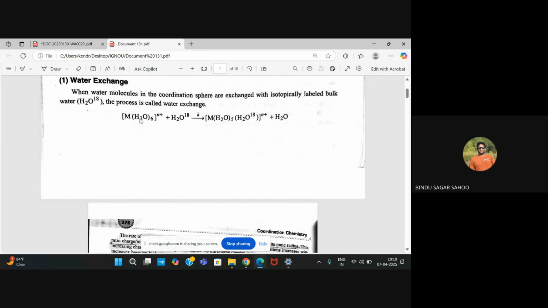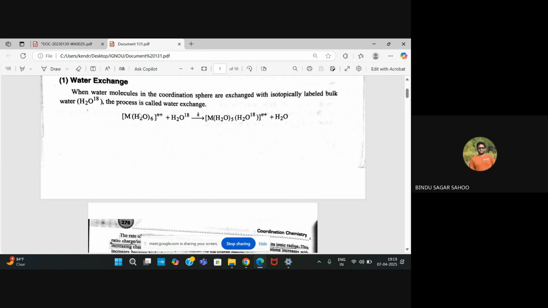Before going to the differentiation of the classes, we will first discuss the general concept. This is called charge density. The charge density is the ratio of charge divided by ionic radius. If the charge density is more, the metal can attach to these ligands more strongly.